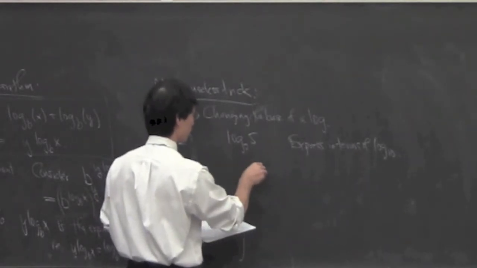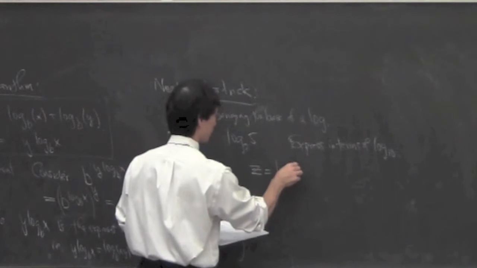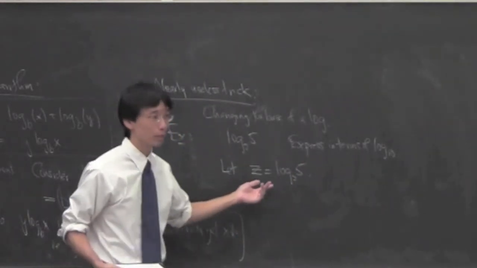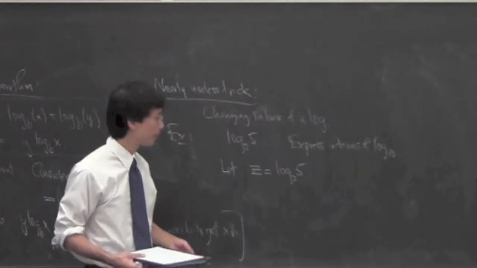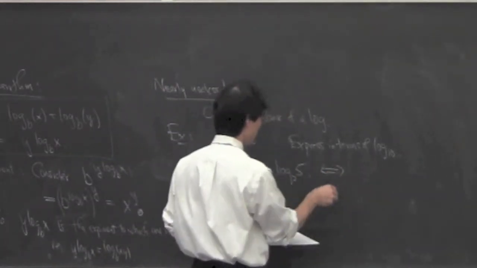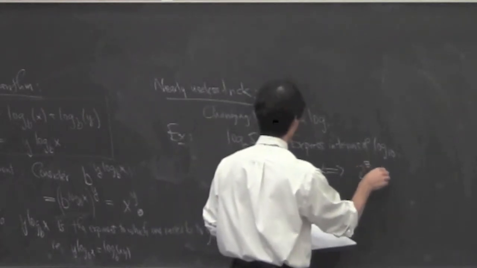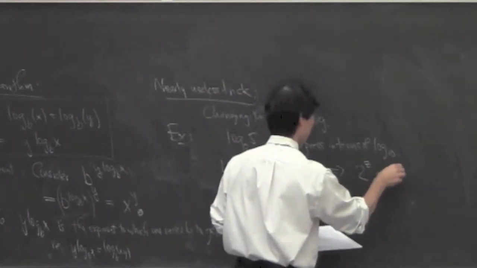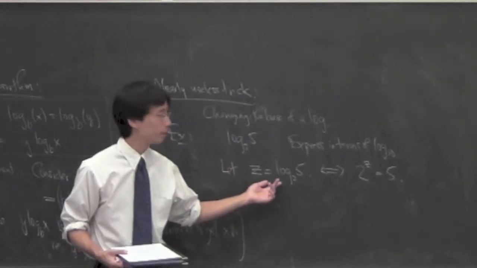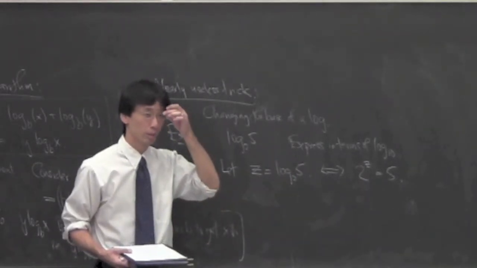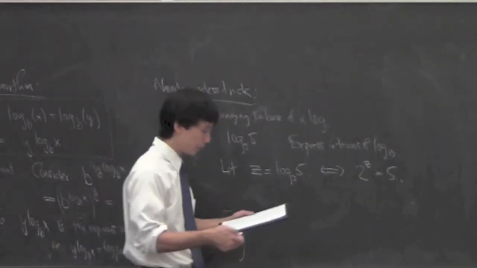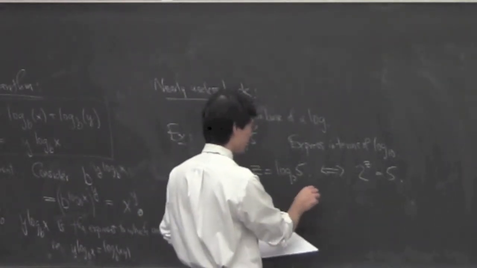Okay, so what I do is I say, well, I'm going to let this thing be called z. Whatever that thing is, I'm going to call it z. Well, this expression means that 2 to the z is 5. We switch the logarithmic expression for the exponential expression. Then I'm going to take log base 10 of both sides.